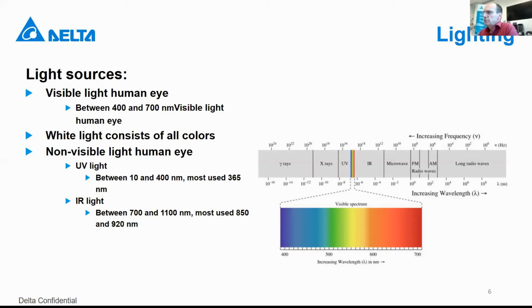The same for infrared light. It's between 700 and 1100 nanometer. It's the opposite. And that one you can also use if you have more reflecting components or a high difference between some components.